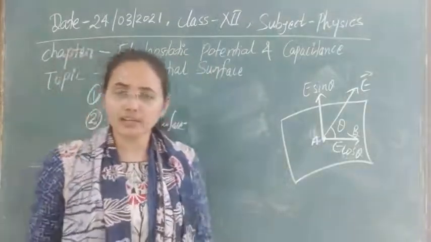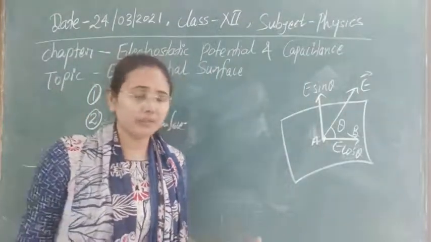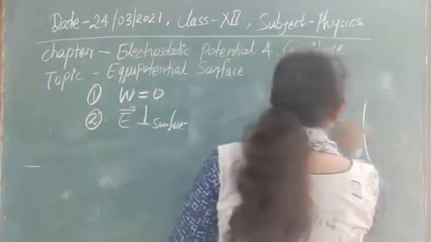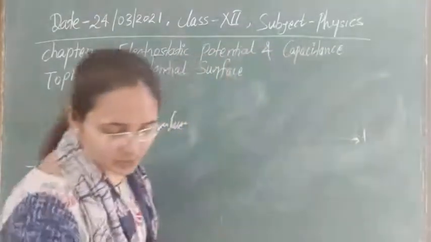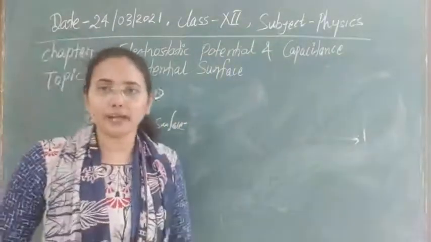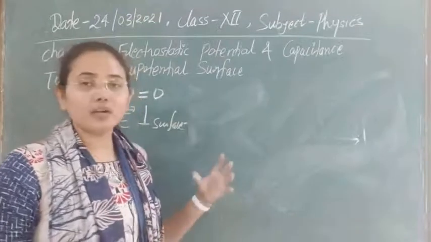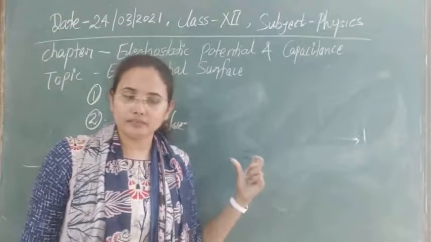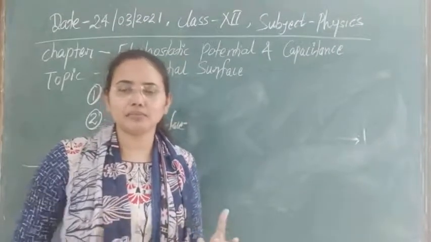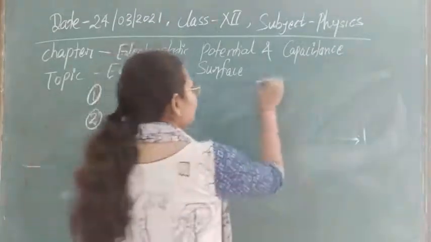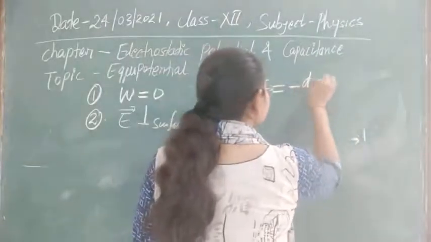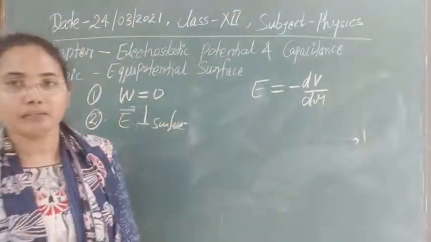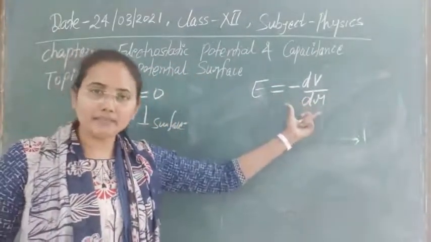Later I will tell you what kind of equipotential surfaces there will be for different types of sources. So first let's prove how the spacing between equipotential surfaces depends on the electric field strength. As I just told you, there is a relationship between electric field and potential; later I will derive this also.